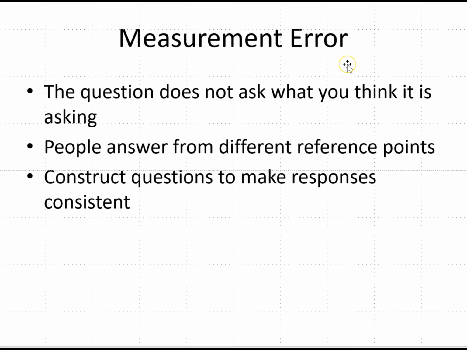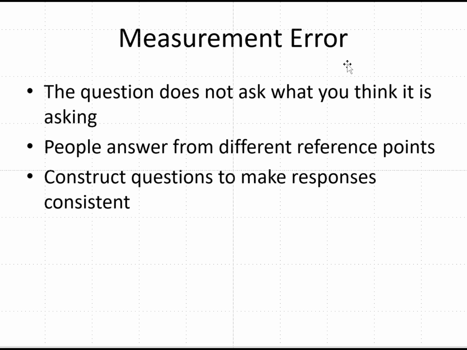Measurement error. Now that measurement error is the kind of thing where the person, say, thinks agree is disagree, or the wording is confusing, or you have a double negative in your question and they miss that. It's just your question doesn't really get at what you think it is. People answer questions from different reference points.